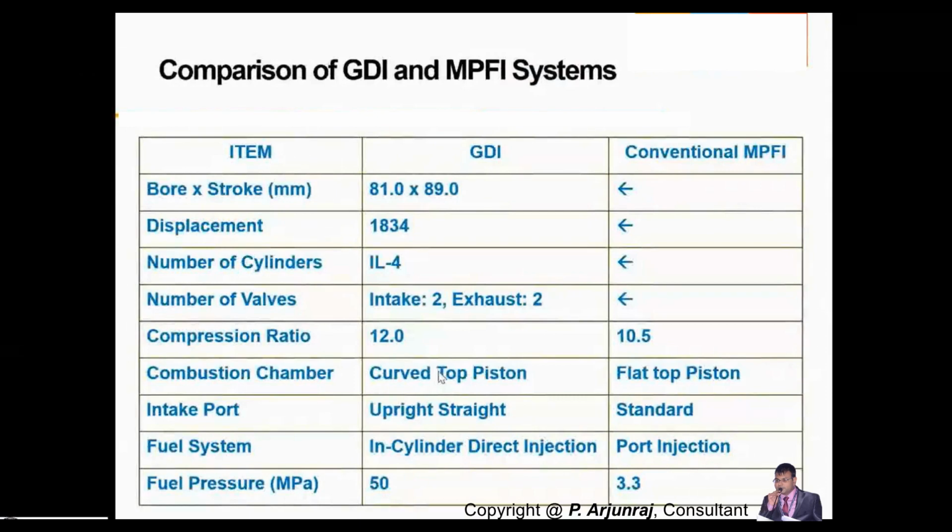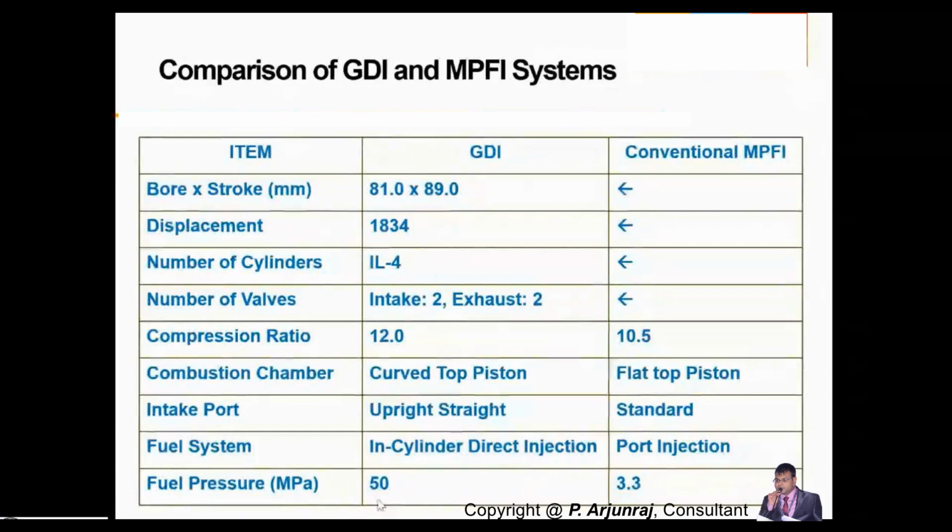For GDI you need to have the curve, and the intake port should be upright straight, whereas it can be standard as in MPFI. And the fuel supply system is in-cylinder injection, whereas here you have port injection.